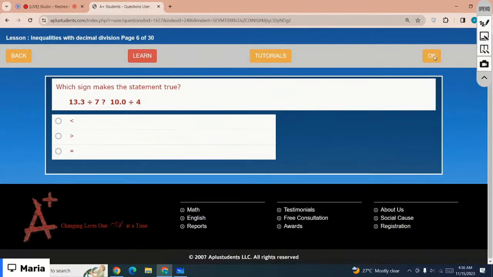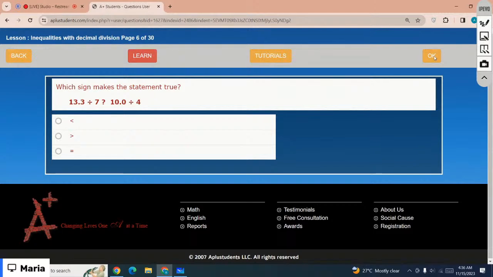Okay, the next one is which sign makes the statement true, which is the correct option? 13.3 divided by 7 and 10 divided by 4. 13.3 divided by 7 is 1.9, right?